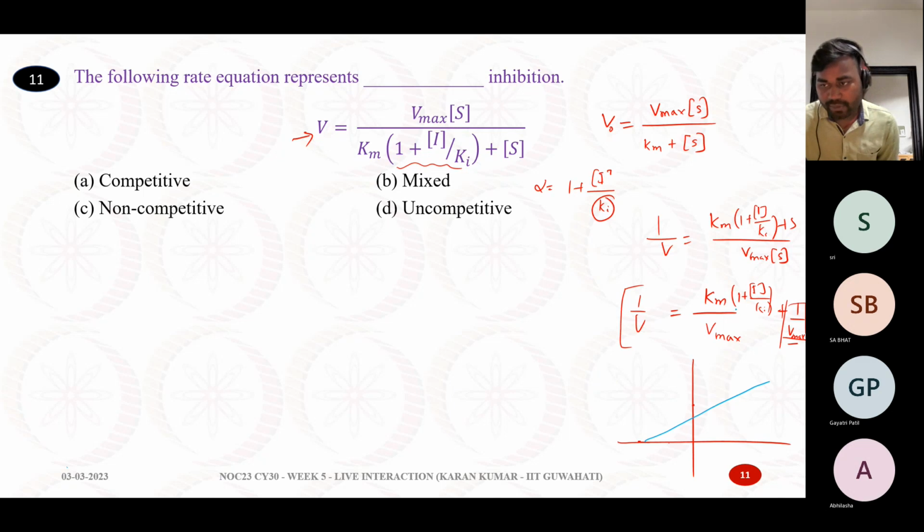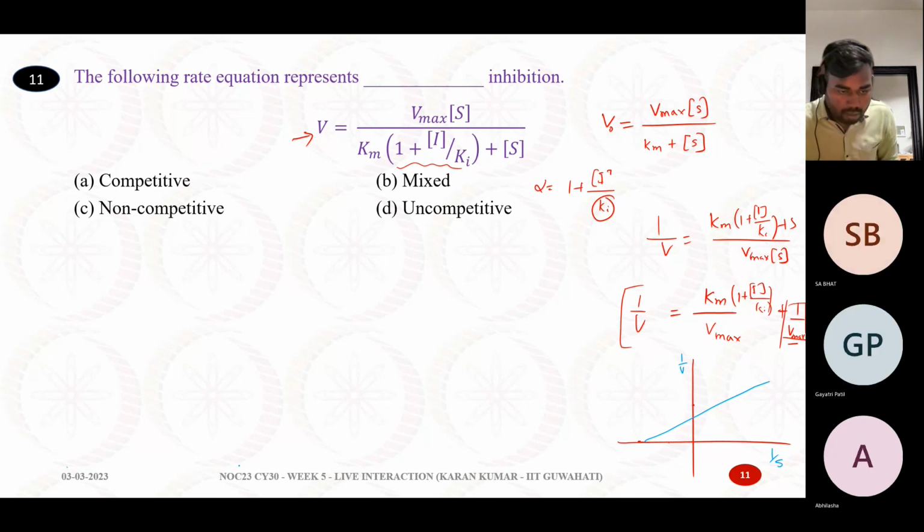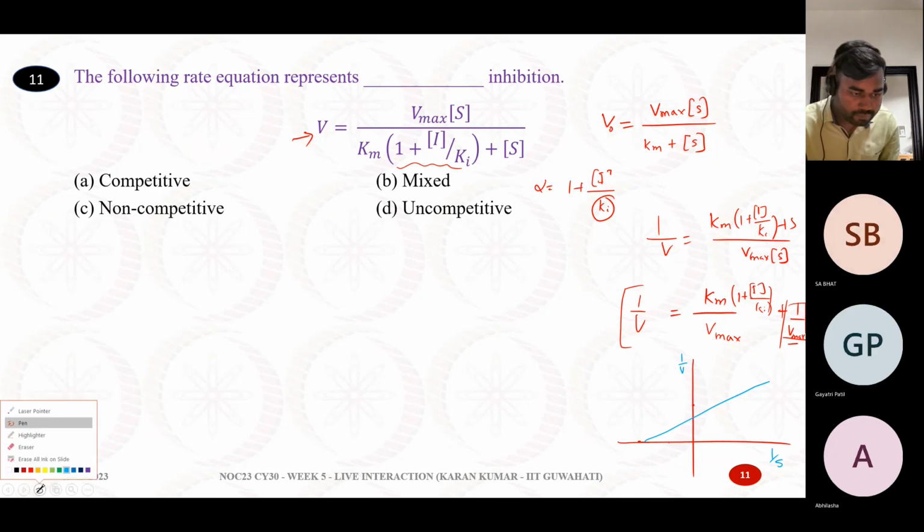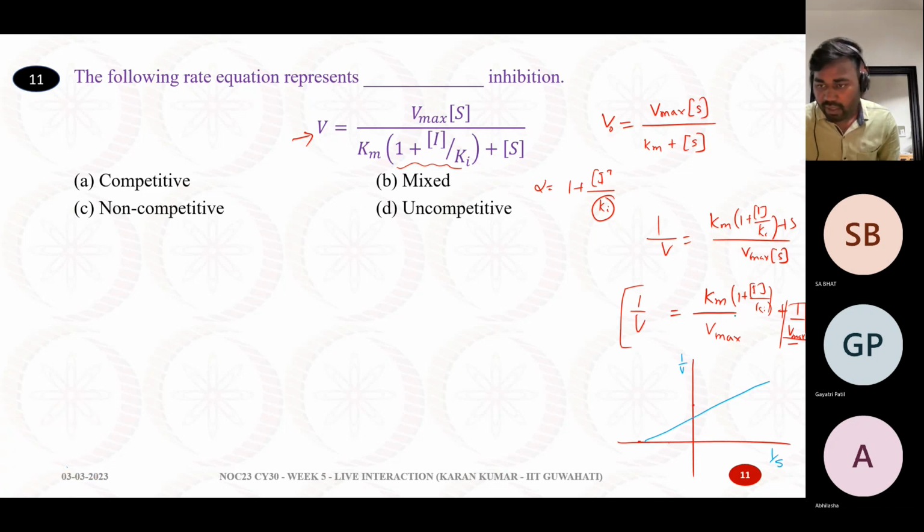And now with inhibitor, your Vmax is not changing. This is the 1 by V and this is 1 by S, right? So with inhibitor, what you observe is your Km is changing, and the slope is also increasing.